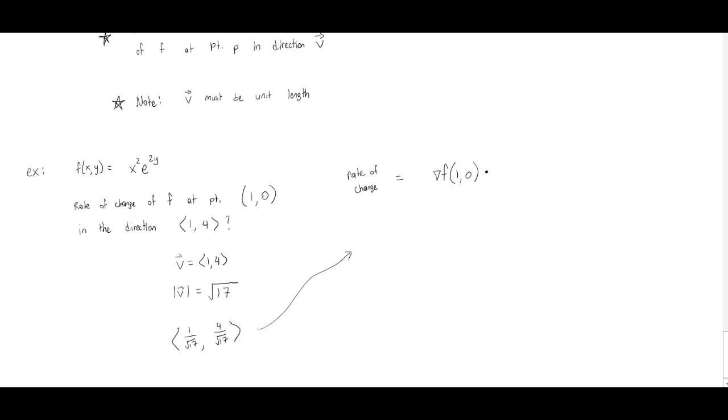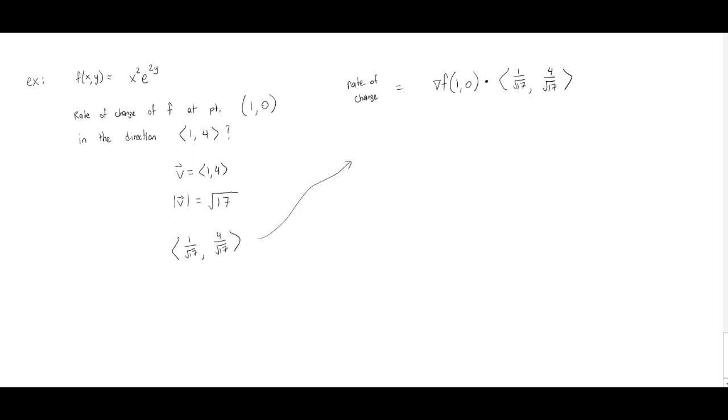Okay, good. So then here we have the gradient of f evaluated at the point, and then dot product with my unit length direction vector. So let's just compute the gradient real quickly. So the gradient of f is a vector of the partial derivatives. The partial derivative with respect to x would be 2x e to the 2y.